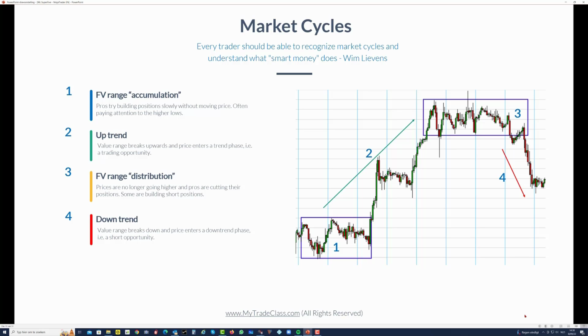When you're in sideways markets, well, it's not easy. There should be enough room to trade there, but most people will be more successful in trend phases.